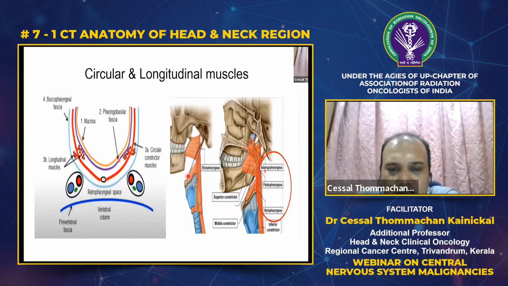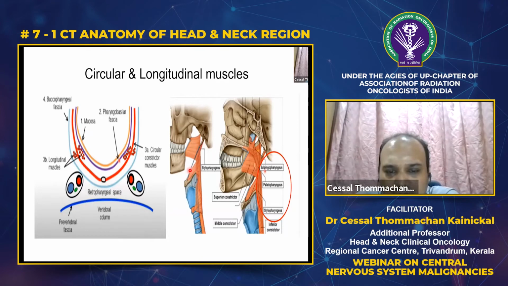The medial constrictor arises from the lower one third of the stylohyoid ligament. So this is the styloid process. It is a hyoid bone. There is a ligament connecting the styloid process and the hyoid bone. That is called the stylohyoid ligament. The medial constrictor arises from the lower one third of the stylohyoid ligament and the superior surface of the hyoid bone.